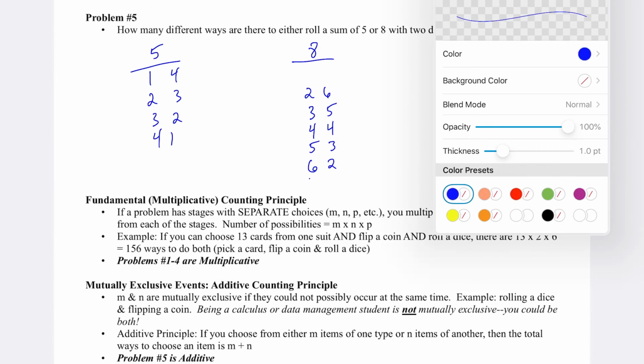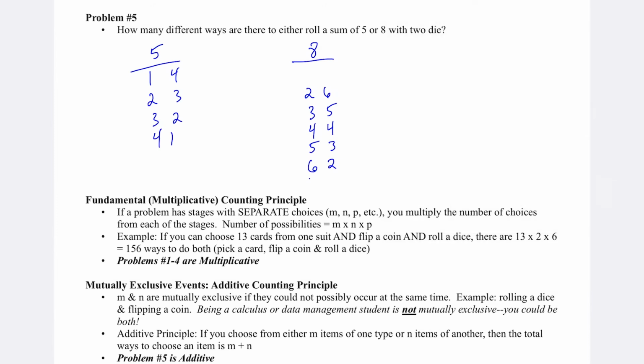The natural question that comes up next is, is a 3 and a 5 different than a 5 and a 3, or a 6 and a 2 different than a 2 and a 6? And the answer is yes, and there's a history to this and people having to figure this out, and at first it being done incorrectly. If you rolled the die 1,000 times, you would find that the probability of getting certain things would result in 5 and 3 being different than 3 and 5.